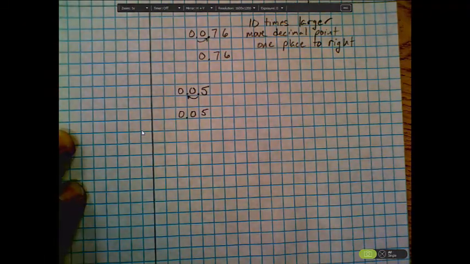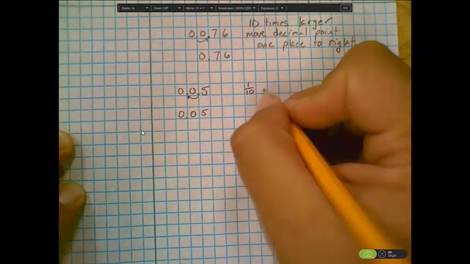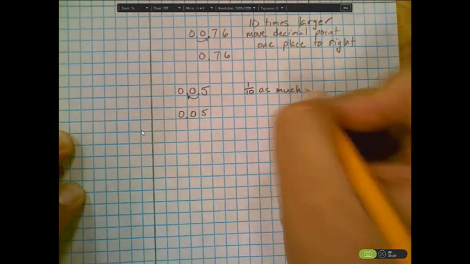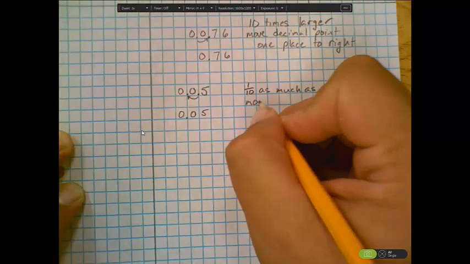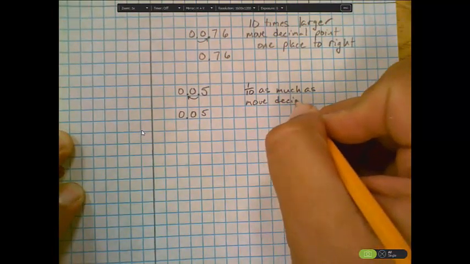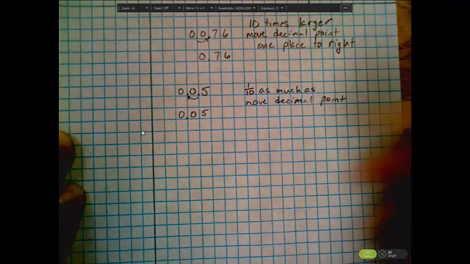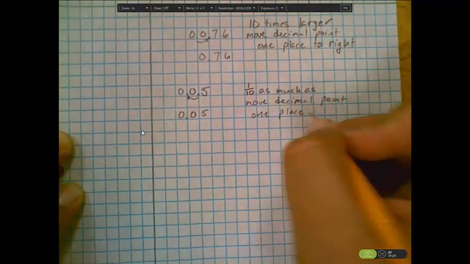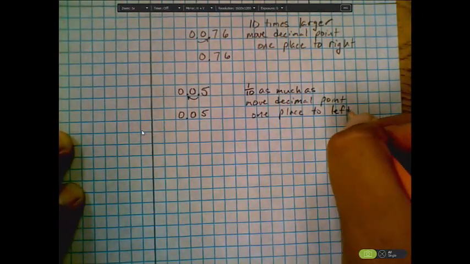0.05. And so to do 1/10 as much as, we're going to move the decimal point one place to the left.